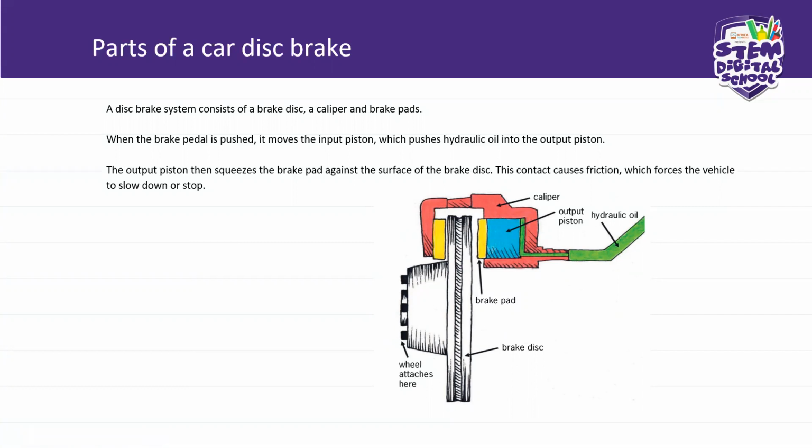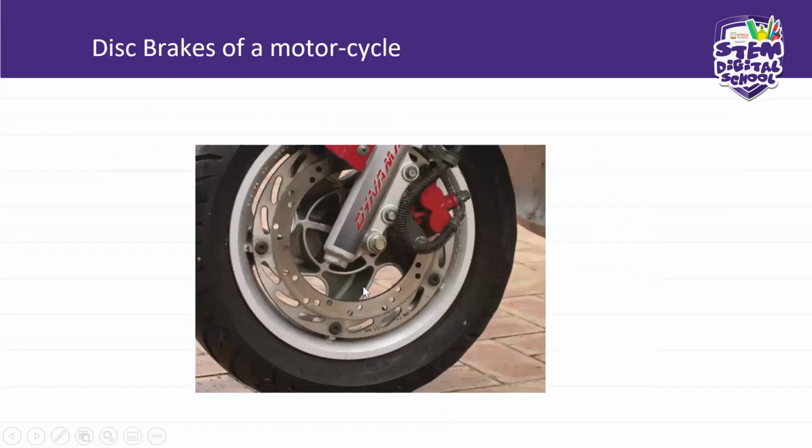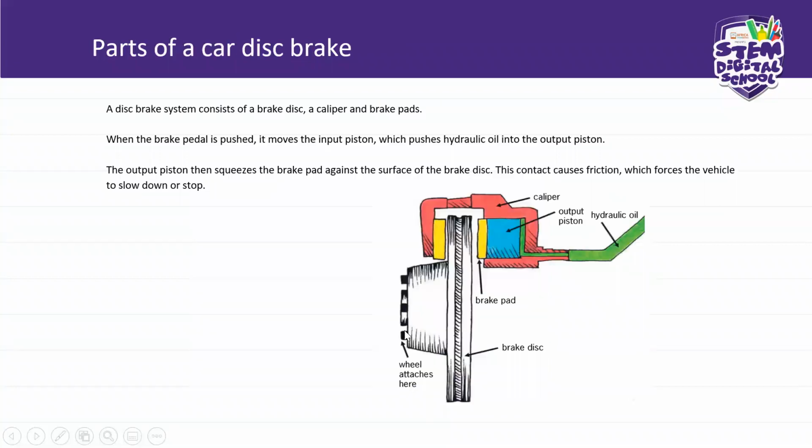Okay, so what you are seeing here, where we attach the wheel, it is this part. So it is here where you attach the wheel. And then you have your caliper, this caliper.